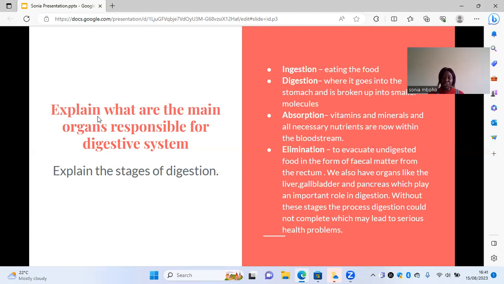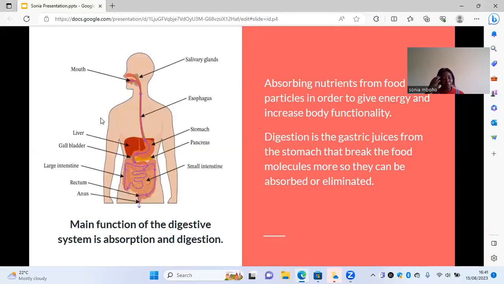Without these stages, the process is incomplete and may lead to serious health problems.